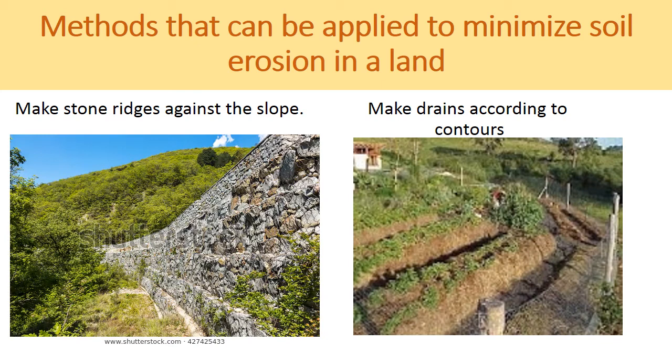It will slow down the flow of water moving down the slope, and it will help to prevent soil from being washed away. In the next diagram, you can observe they have constructed drains according to the contours. They have taken the outline of the land or the boundary, and they have made contours like drains.